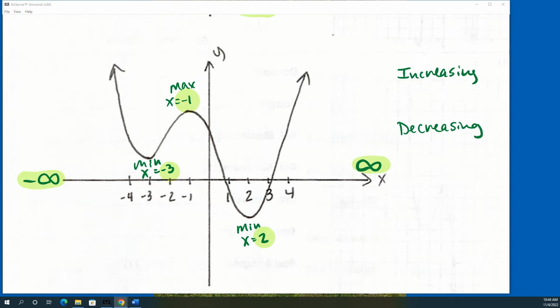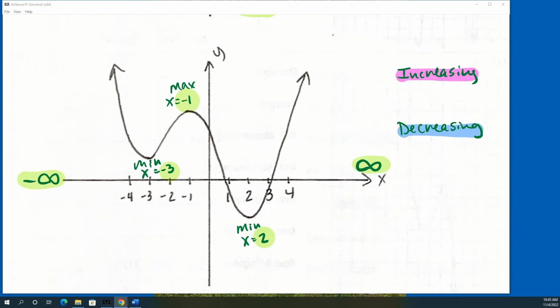Okay, so I think I'm just going to highlight. I'm going to highlight my increasing pink and my decreasing blue. If you guys want some highlighters, I have a ton over there if you want to use them.